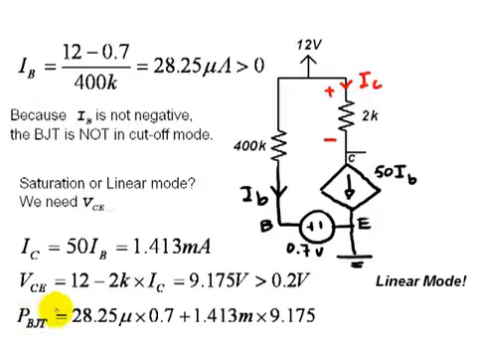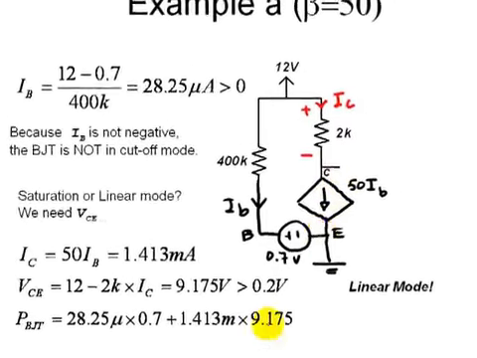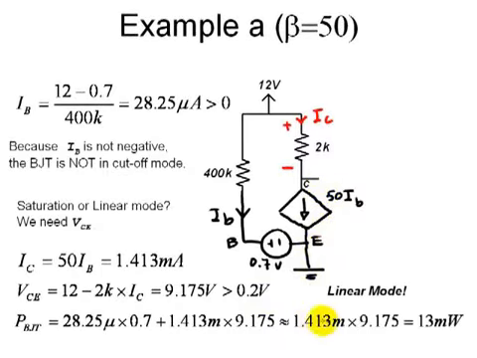That is the power in the BJT. Base current times 0.7 volts plus 1.4 milliamps times the voltage, 9.2 volts VC. A total is approximately 13 milliwatts. That is the power absorbed by this transistor.